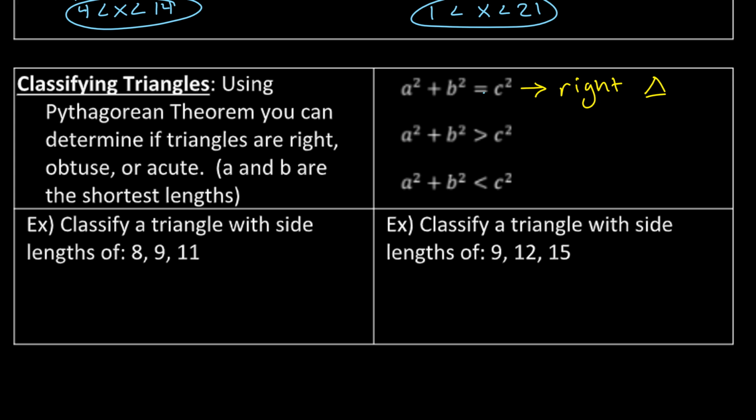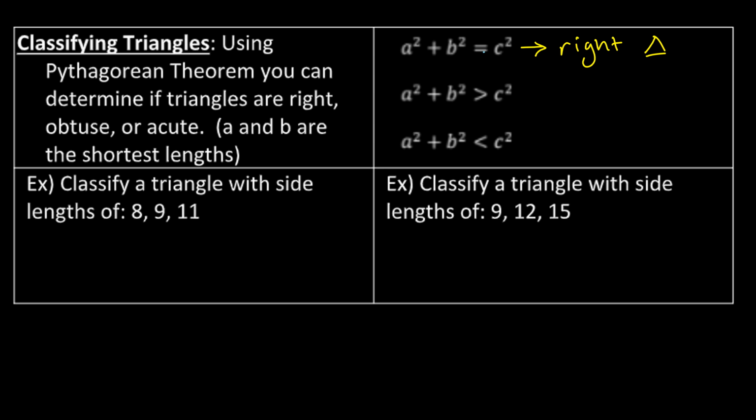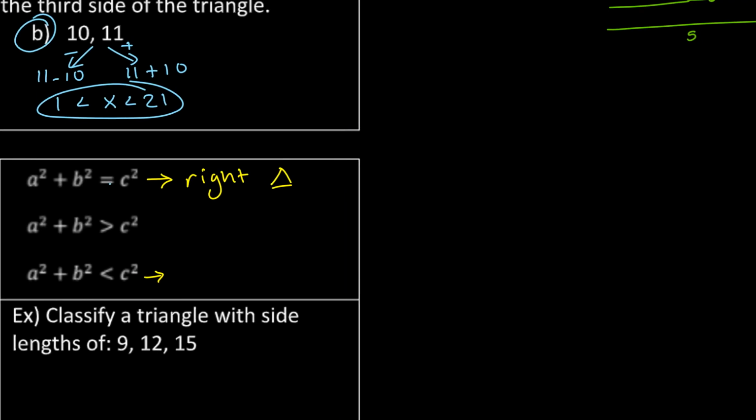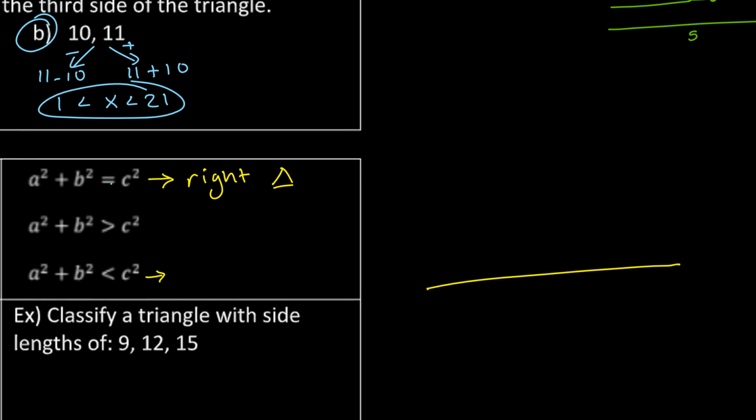Okay, so I want to skip the middle one because the last one is almost easier to think about. If you plug in a squared plus b squared and it's less than c squared, so c squared is much bigger, what type of triangle do you think this is? So c squared is much larger than your a and b squared.